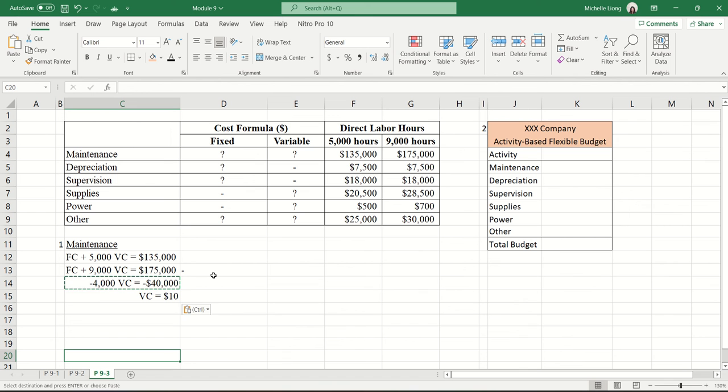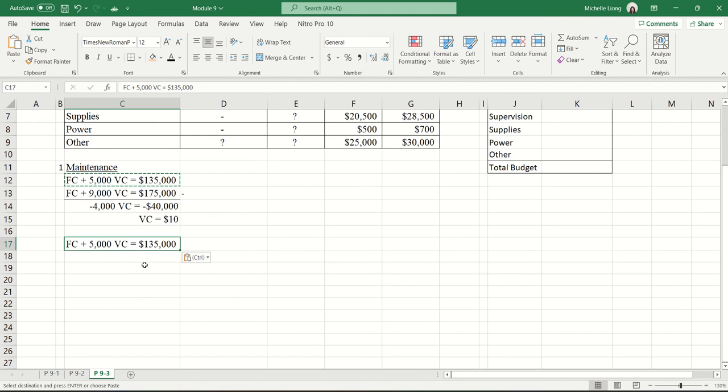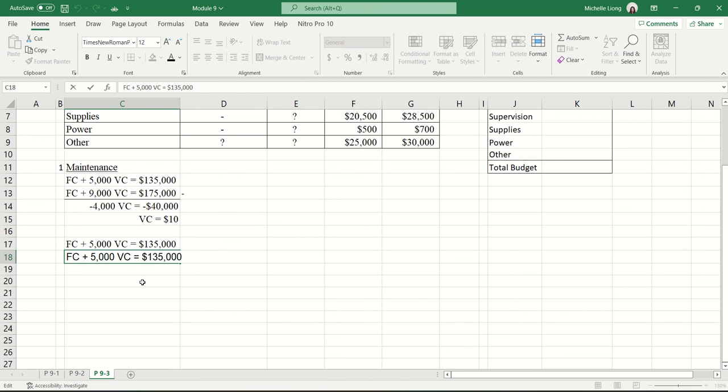Okay, so this is the variable cost. In order to find the fixed cost, just copy this one and insert the variable cost. The variable cost is $10, so we just need to insert this.